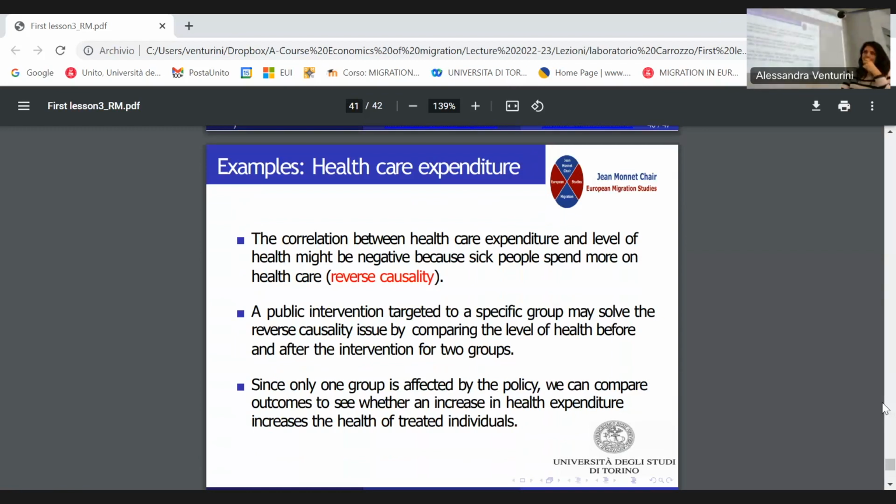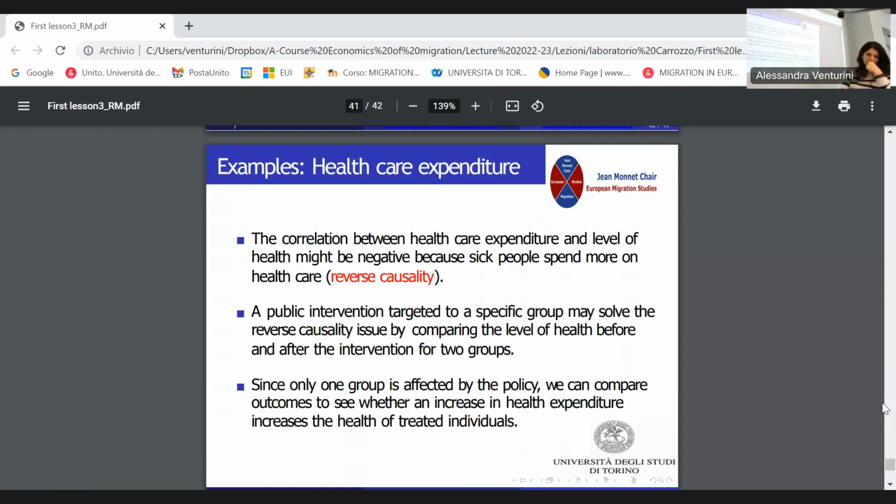Is it the health expenditure that reduces the health, or is it the negative health that demands an increase in expenditure? Which is causing what?